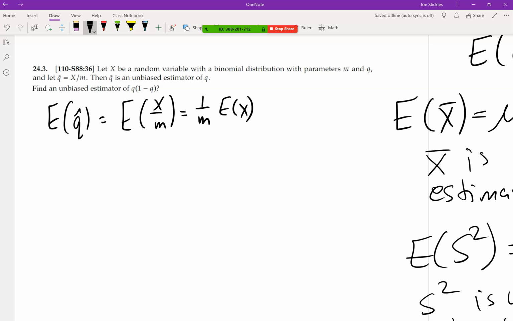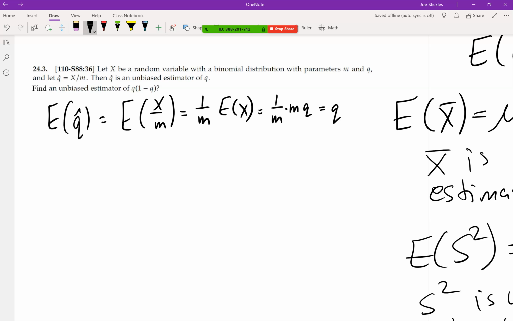And they tell us in the problem that X is binomial, and we know that the mean for a binomial distribution is trials times probability of success. And if we simplify, we get q in this case. So again, this is the idea of being unbiased. To be unbiased, you need to have an expected value that turns out to be the actual value of the population parameter.